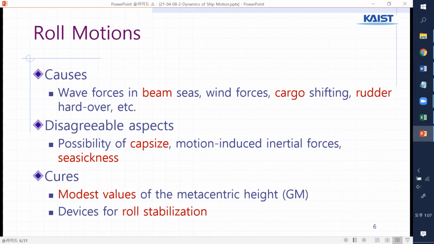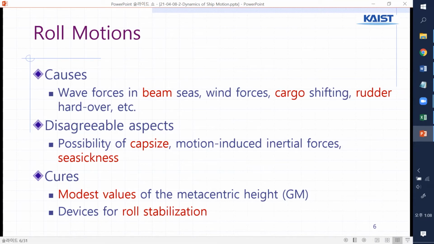And how do we prevent this? We can use metacenter height again. GM is used, as we learned, for stability, that is for static stability. But we are now talking about dynamic stability. And GM also has an effect on roll motions.